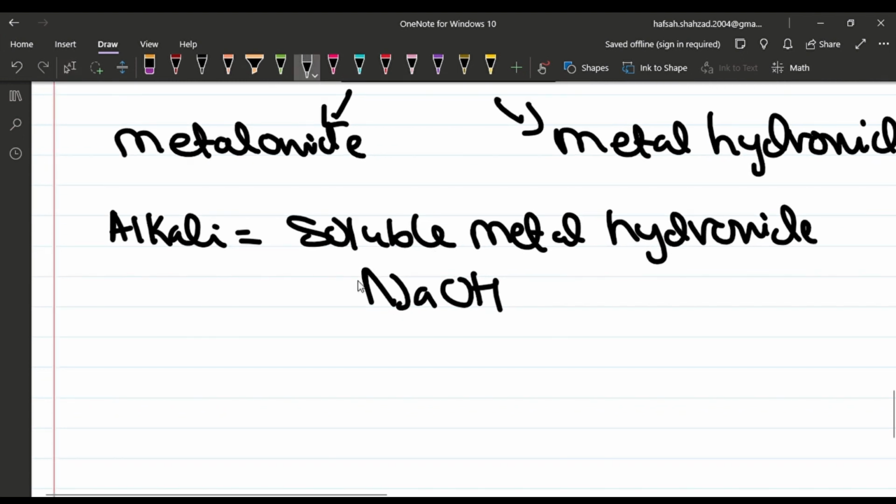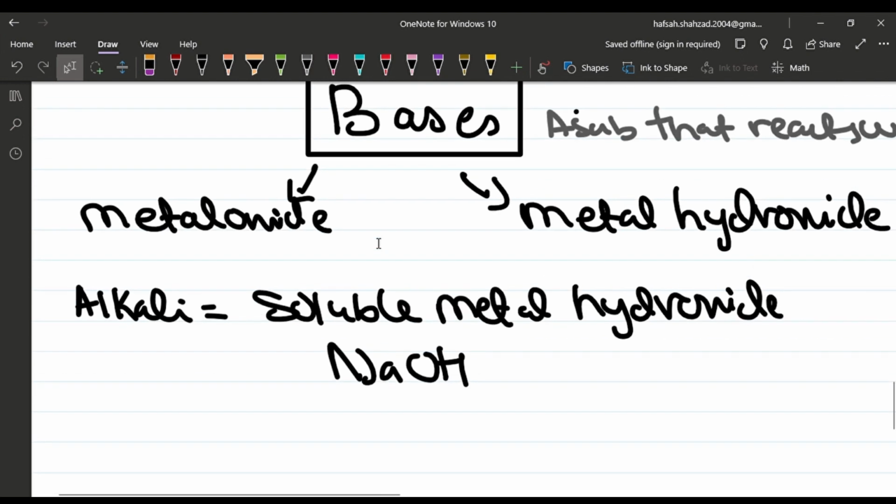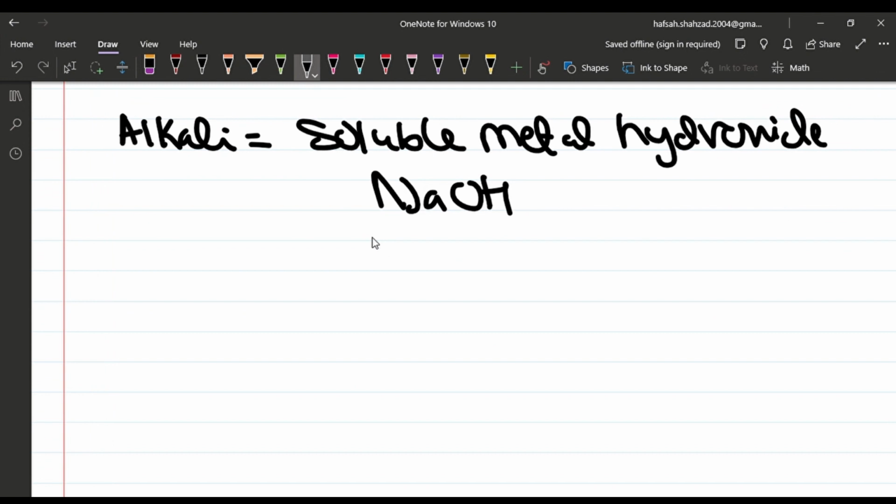And this OH, once ionized in aqueous solution, would take up the H positive from the acid and form water. So based on the definition we saw above, bases take up protons. Now how are they proton acceptors? When in water, alkalis are ionized. Let's suppose we have NaOH.